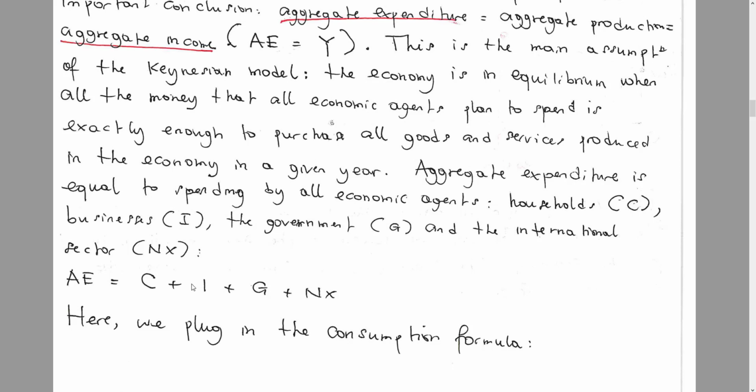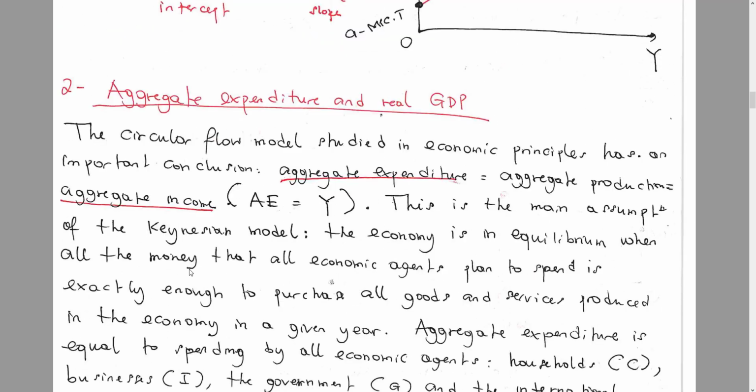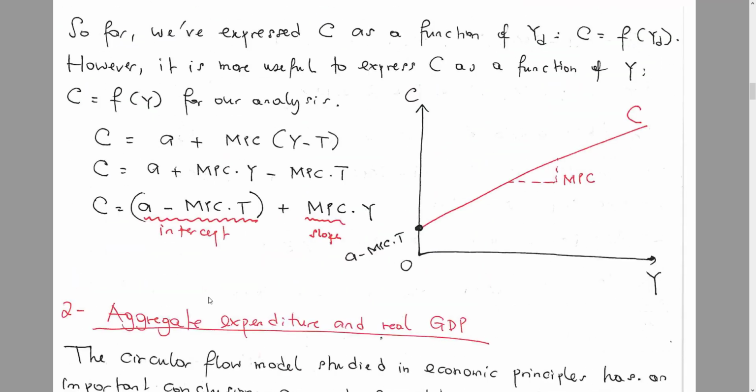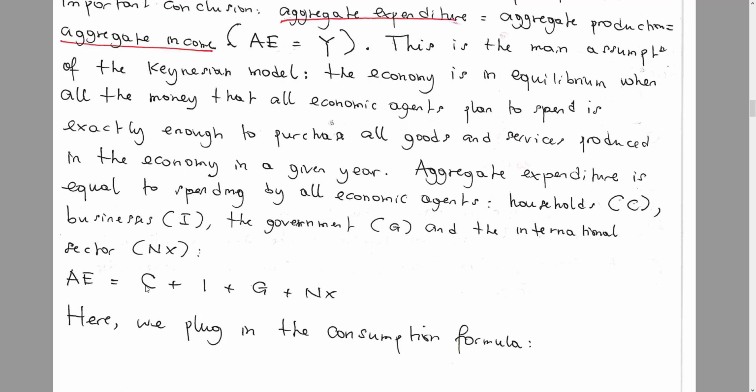So what we're going to do now is we're going to use this function here, okay? And remember that C is something that we are familiar with. Actually, the whole first section of this chapter was about the consumption function, okay? So what we're going to do is we're just going to plug in the consumption function that we derived here, okay? We're going to plug it in here. Of course, the expression is going to be a little messier, but nothing really too difficult.